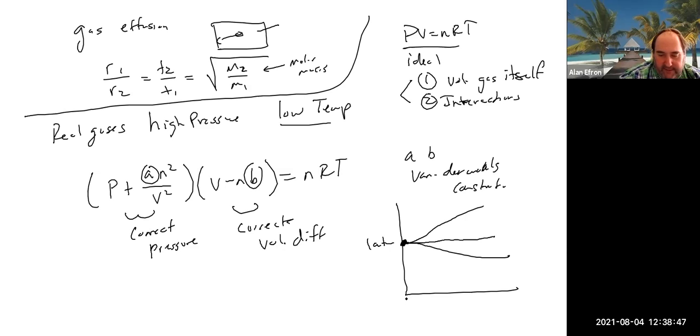Actually, 1 atmosphere is right here, I think. And even guys that would deviate aren't deviating all that much under normal conditions, which is why most of the time we deal with the ideal gas law. But again, under really high pressure situations or really low temperature situations, you do have to take into account some of these interactions.